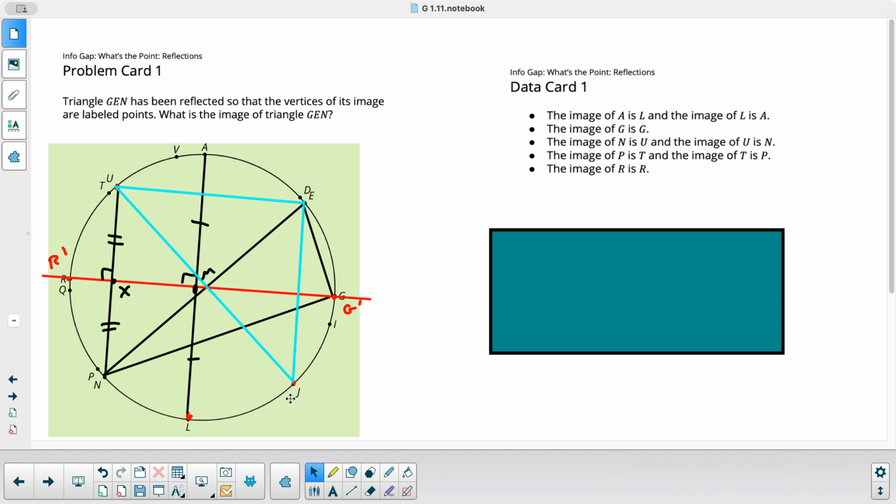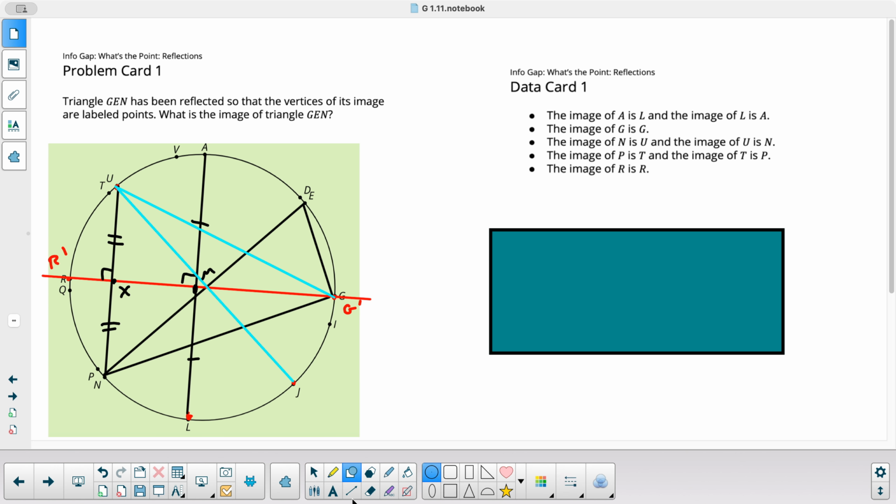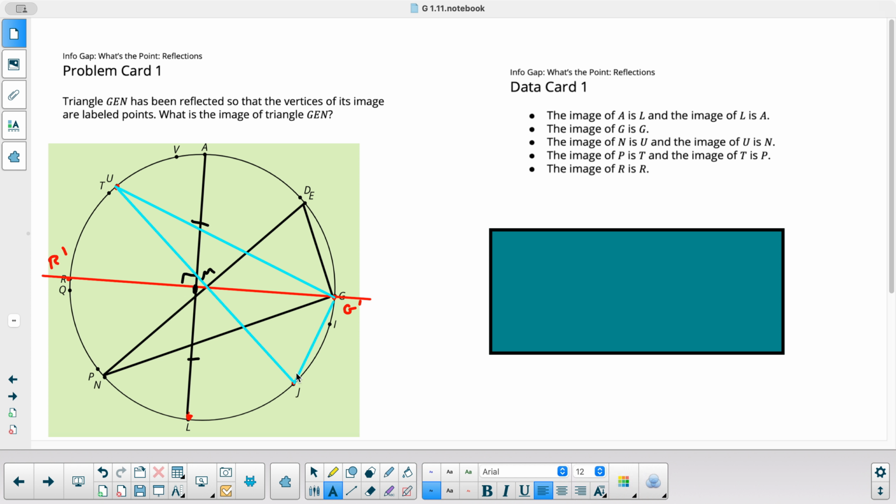E goes to J and N goes to U. So I don't know why I did that. There it is. That looks better. That looks like a reflection here. So let me get rid of this here. You can see it a little bit better. So I'll write that down here. It's GJU.